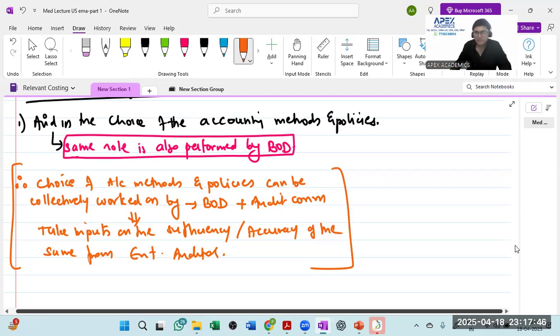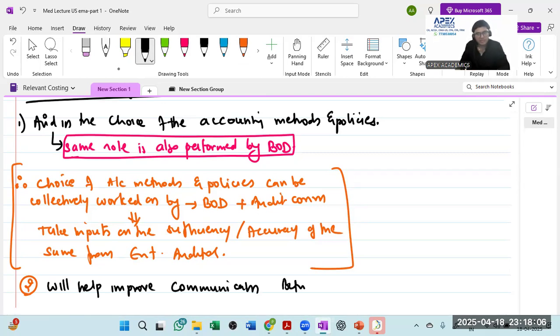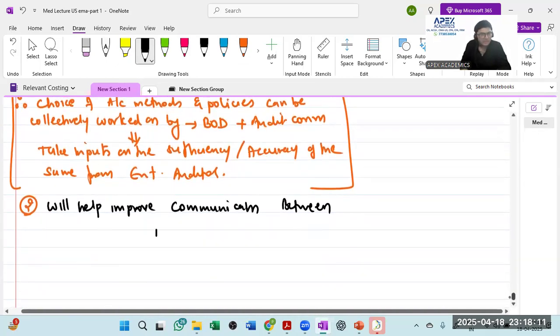Next, what else does the audit committee do? The audit committee will help improve communication between the board of directors and the external auditors.